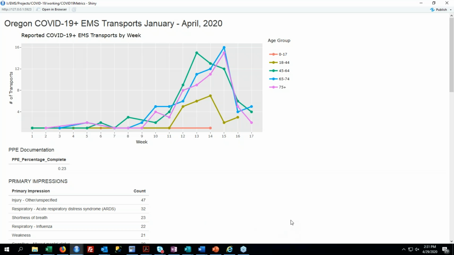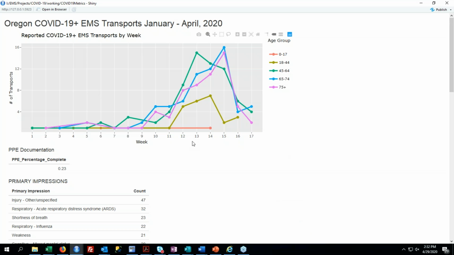All right. So up here at the top, these are confirmed cases of COVID-19. And then we pulled data from the EMS system and matched on a soundex match between the name as well as using the age. And this winds up being a pretty strong match.